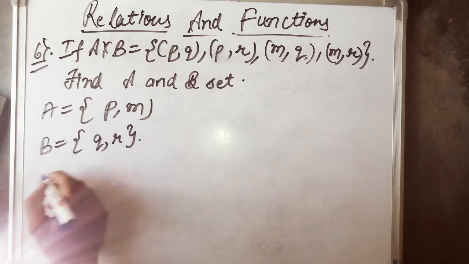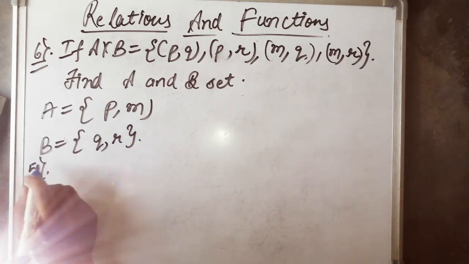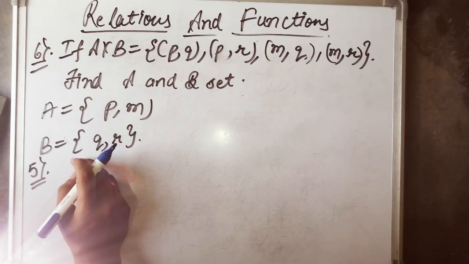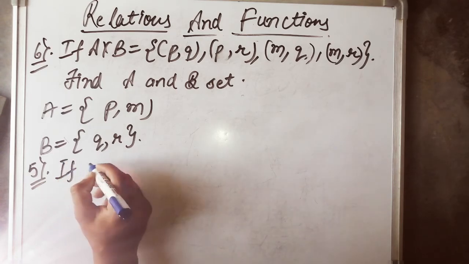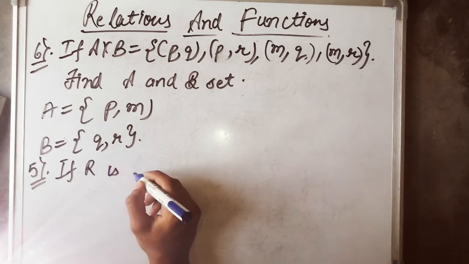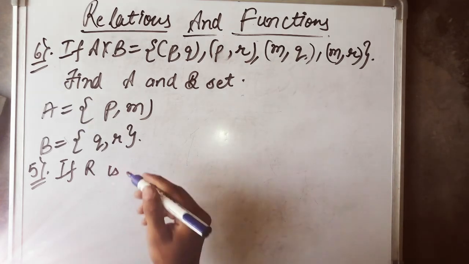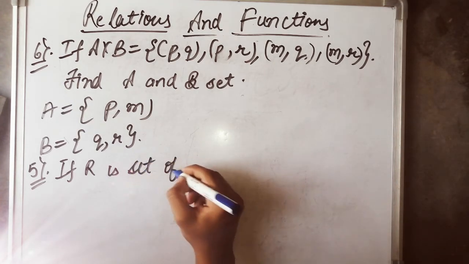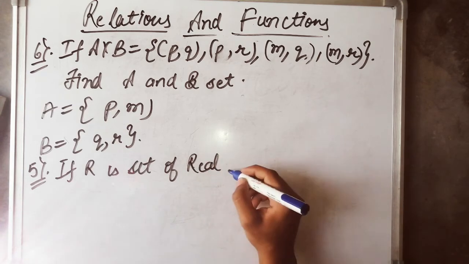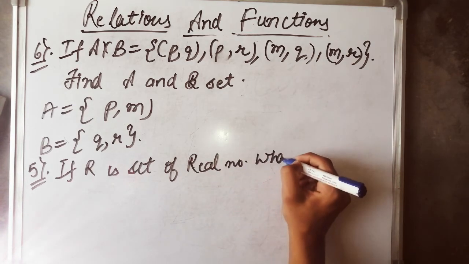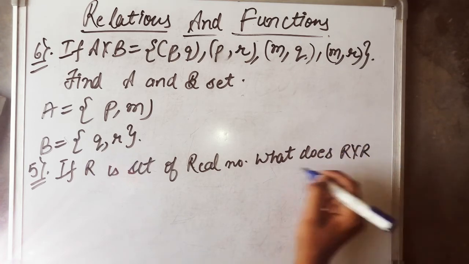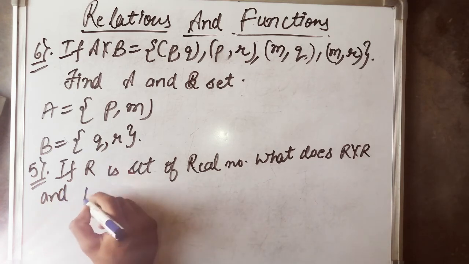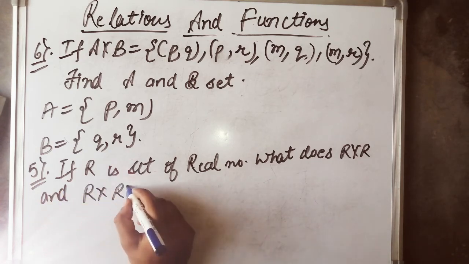Okay, let's have a look at the fifth example, which is, if R is the set of all real numbers, what do the Cartesian products R cross R and R cross R cross R represent?